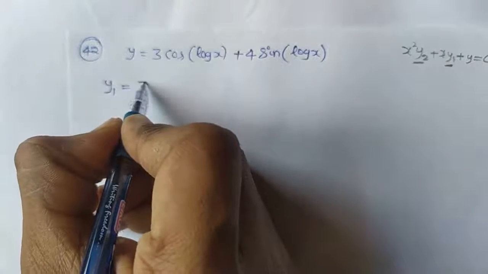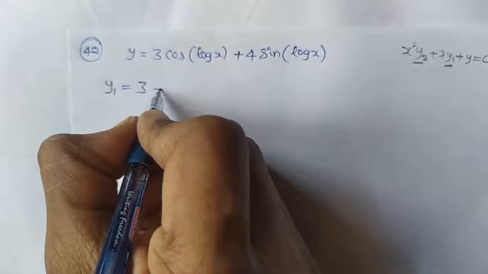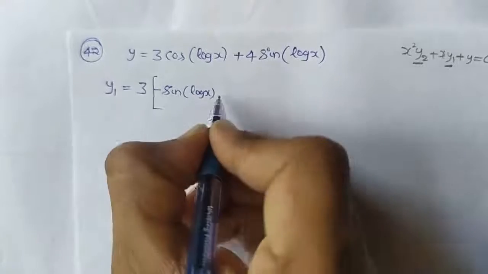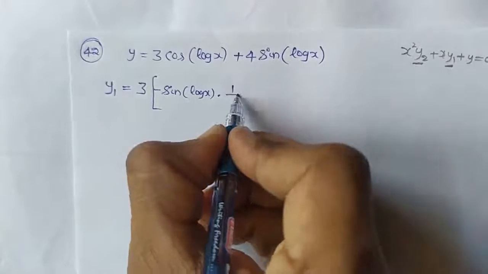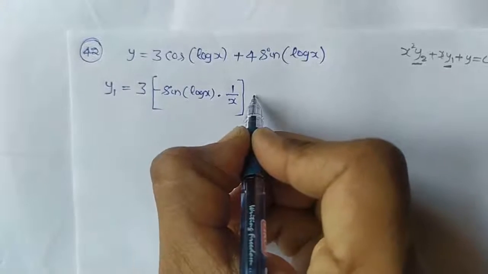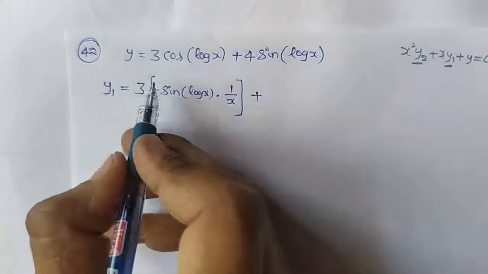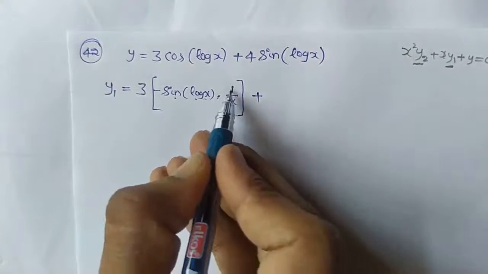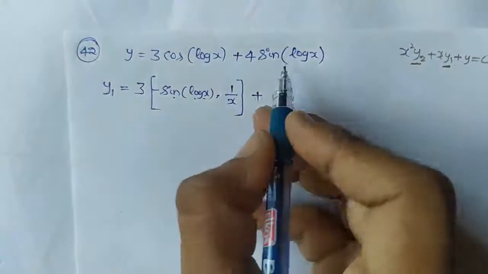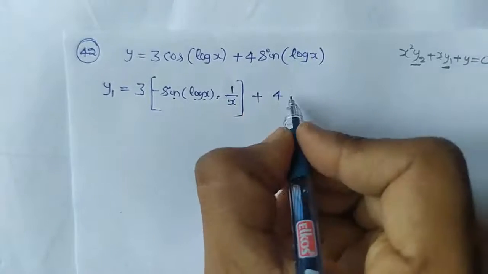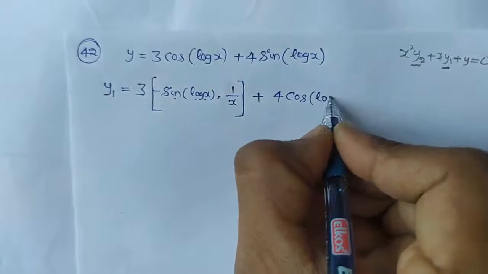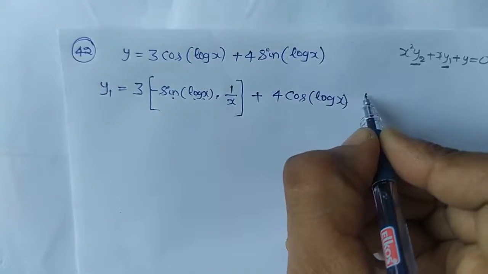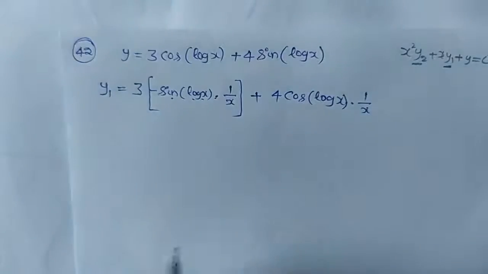Let us differentiate: 3 into the differentiation of cos, which is minus sine of log x, into the differentiation of log x, which is 1 by x, plus 4 into the differentiation of sine, which is cos of log x, into the differentiation of log x, which is 1 by x.